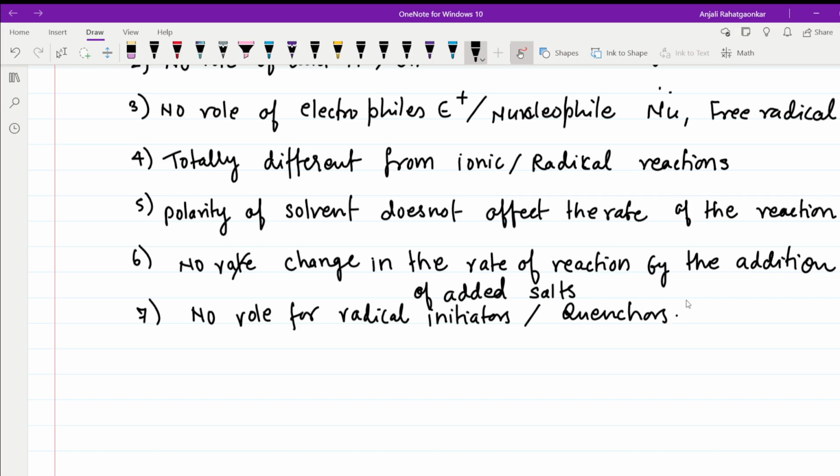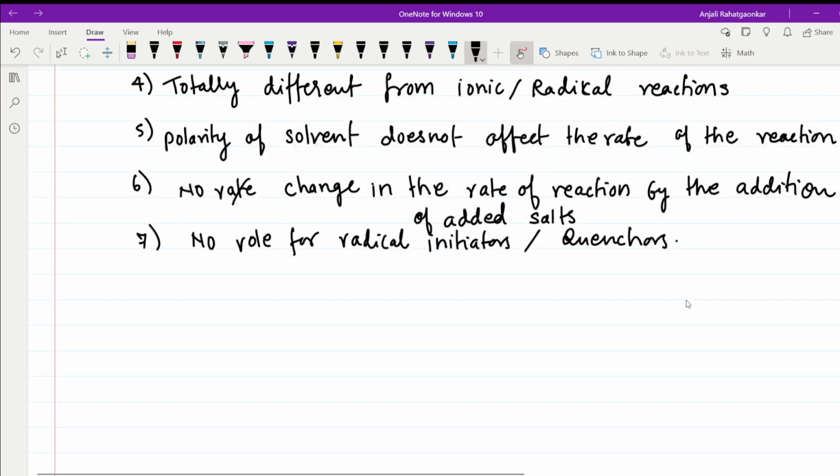Now we have seen in the photochemical reaction that benzophenone is a photosensitizer, used for the sensitization of the reactants so that we can proceed with the reaction via formation of radicals. But in the pericyclic reaction, there is no role for radical initiators as well as quenchers.